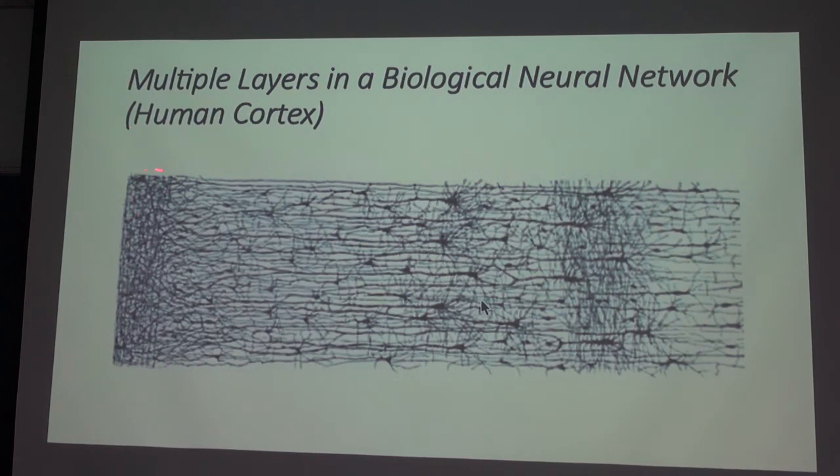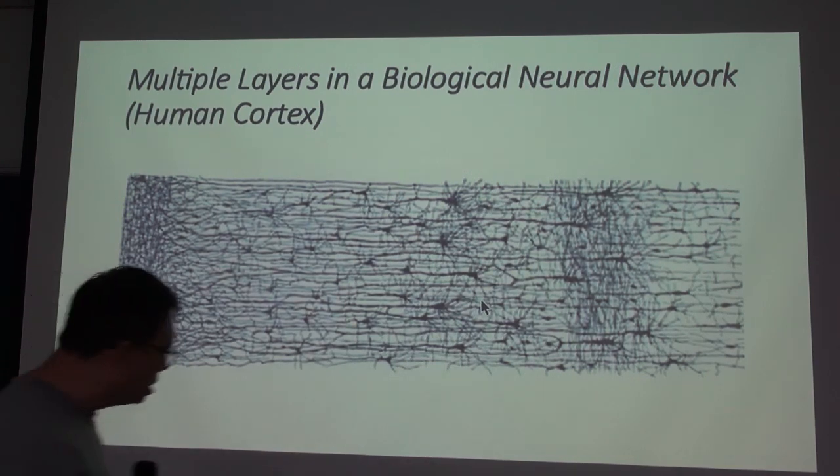From the input, you can see there are some layers. So we can say there are multiple layers in a biological neural network. This picture is actually obtained from the human cortex. In your brain, it looks something like this.